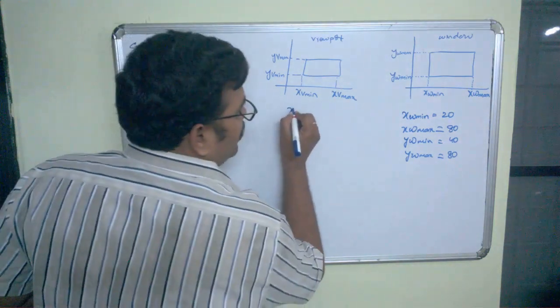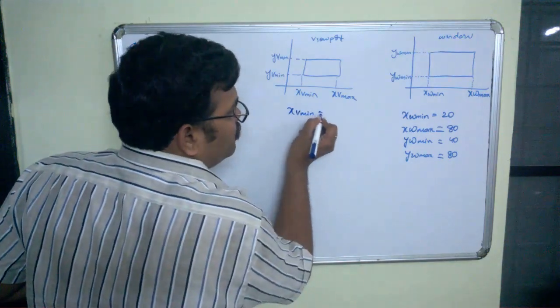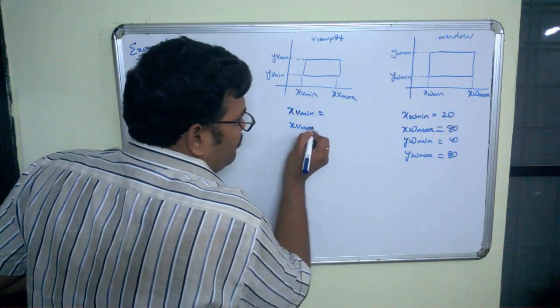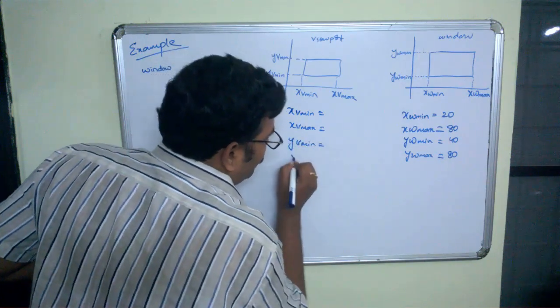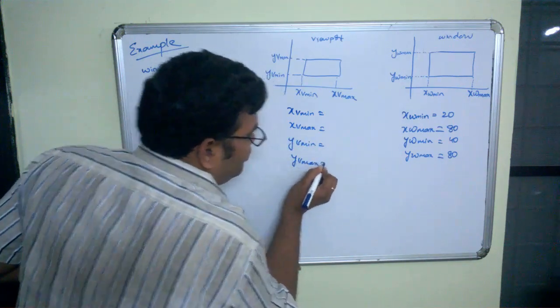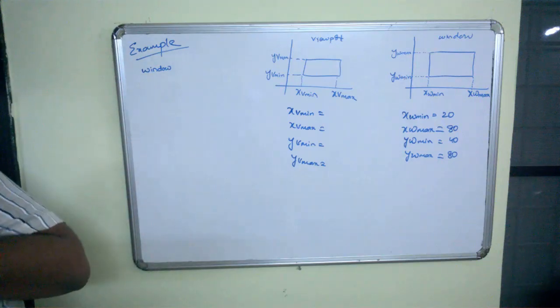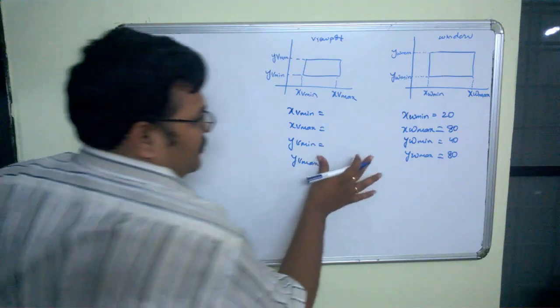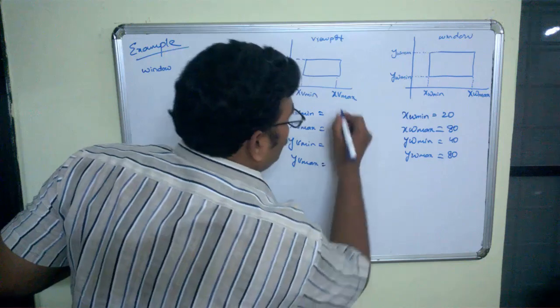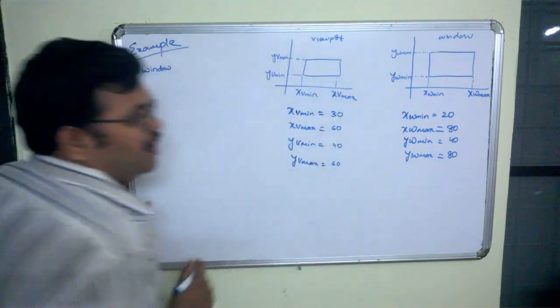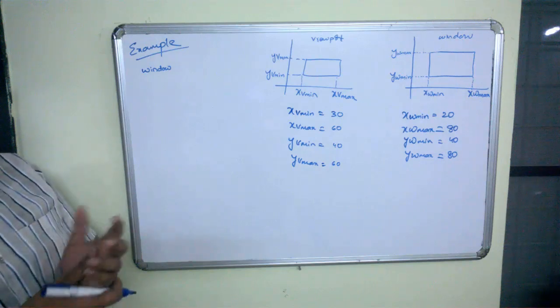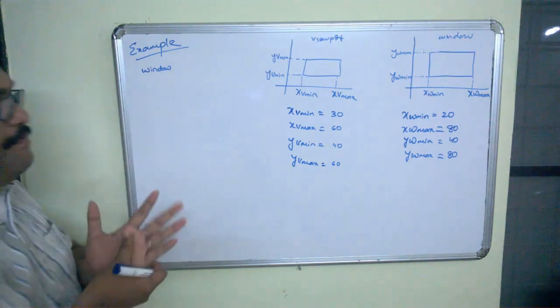Similarly, let us have XV minimum, XV maximum, YV minimum, YV maximum, and let us consider the values 30, 60, 40, 60.